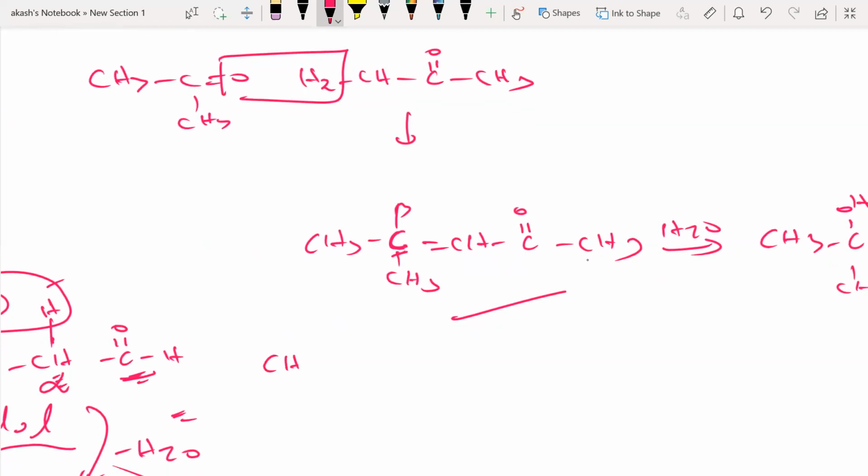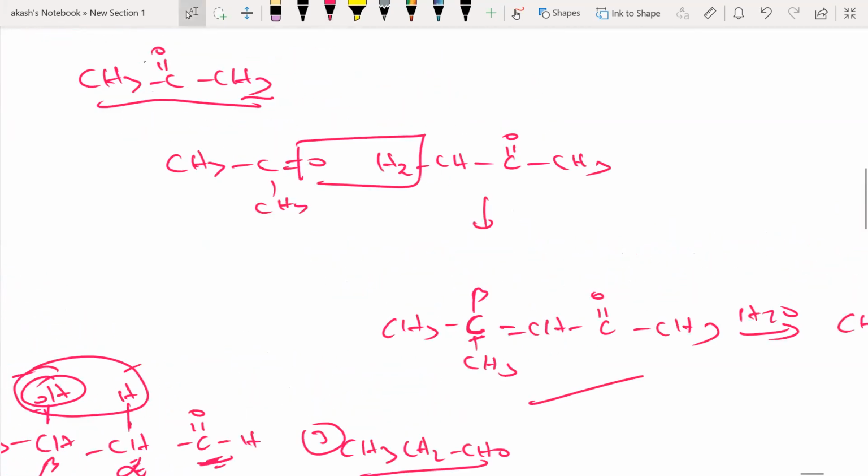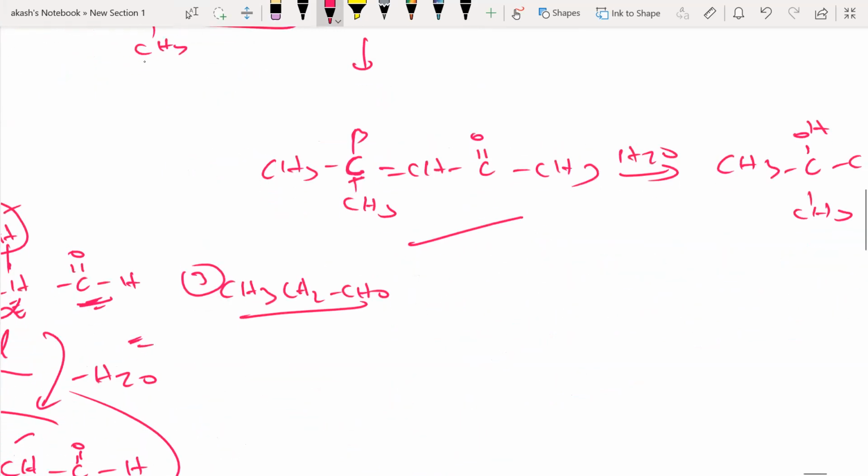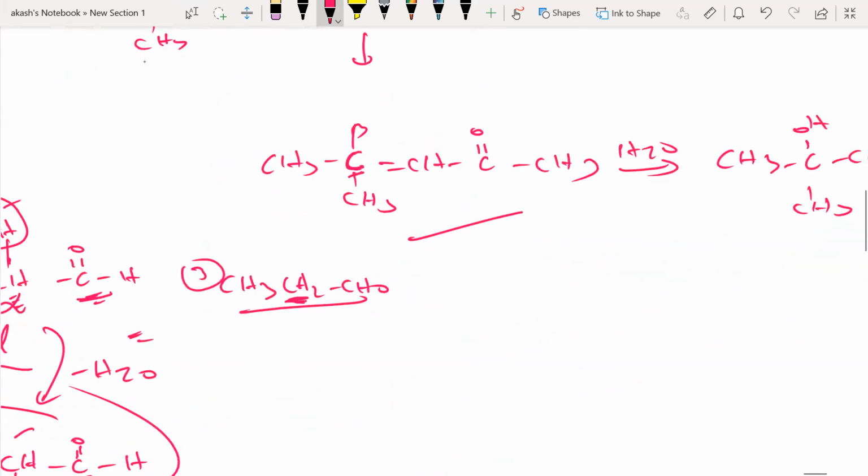Now the next one which we took was CH3, CH2, CHO. This is the third one. Again, you have to be very careful in this. You have to protrude only the alpha hydrogen.